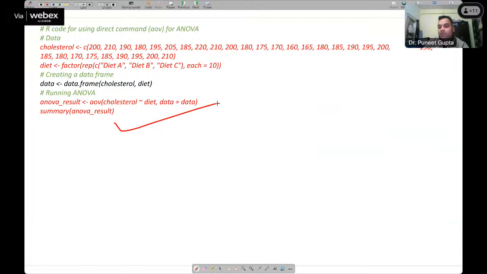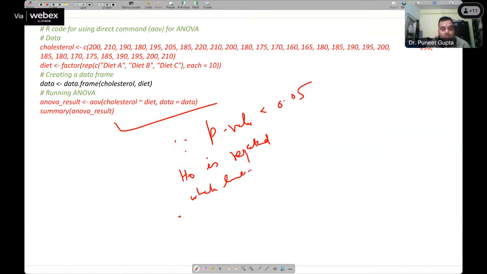You can say since the p-value is less than 0.05, H0 is rejected, which leads to the conclusion that the cholesterol level is different for all the three diets. Yes, it significantly differs for all the three diets, right?